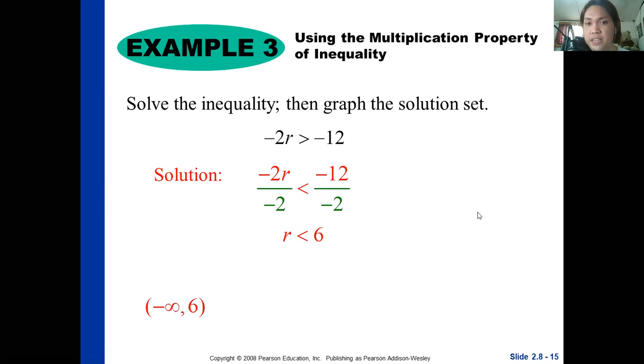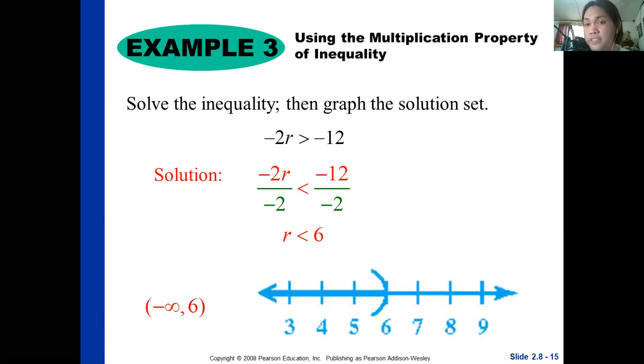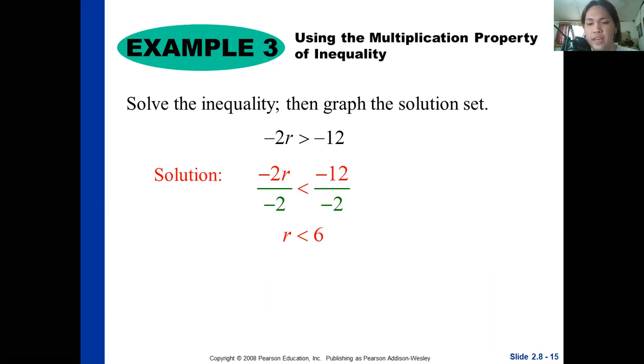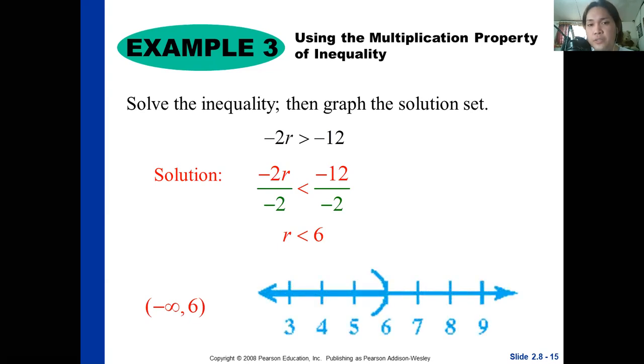So again, it changes its symbol because we divided both sides of the inequality by a negative number to make the statement true. That's what I discussed a while ago. So as you can see there, the interval notation for r is less than 6 is negative infinity to 6, where 6 is not included.